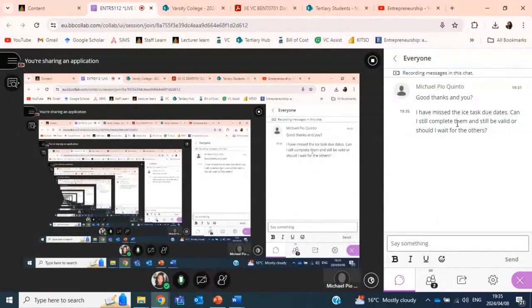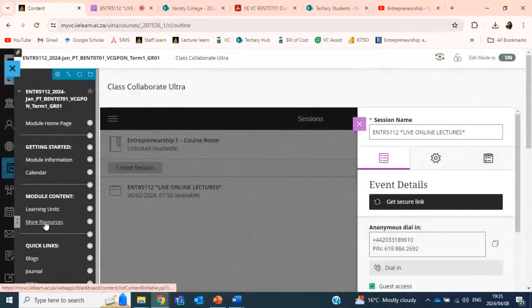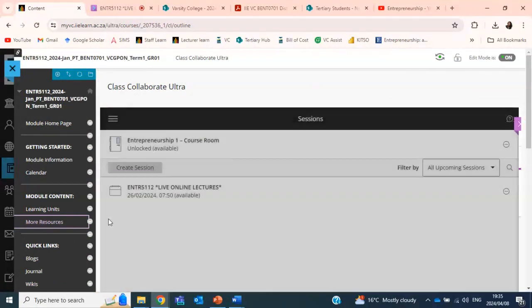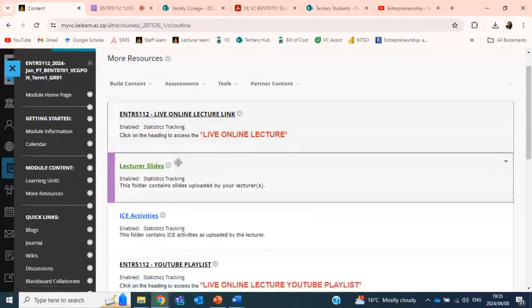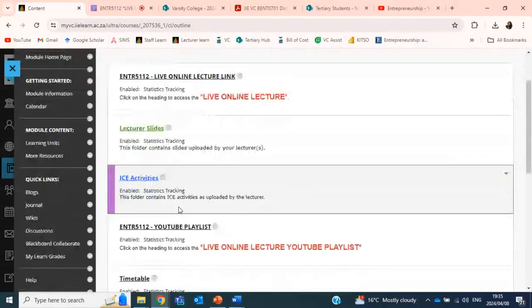I have missed the ICE task due dates. Can I still complete them and still be valid? Yes, you can. So with the ICE task, I haven't really marked them. What you can focus on, and let me just show you under more resources, yes, you can still complete your ICE task and you will get your mark.